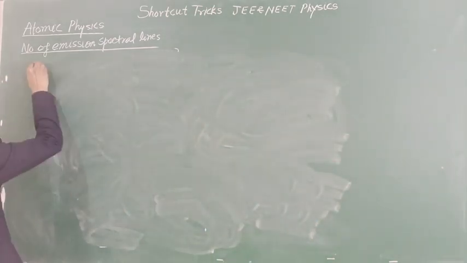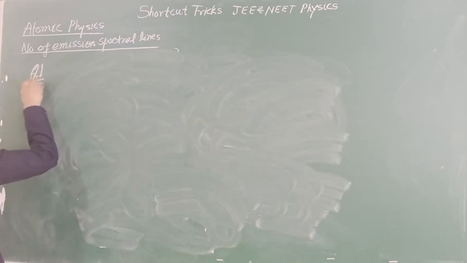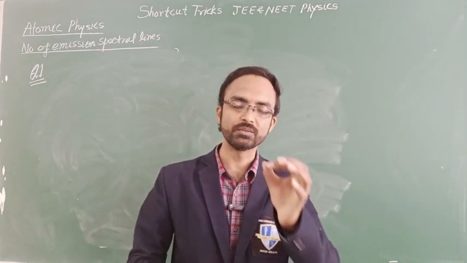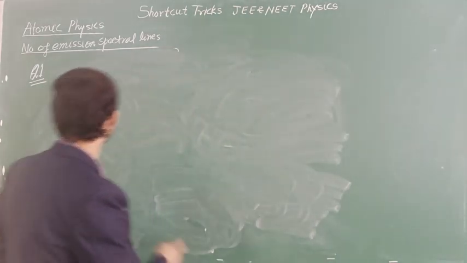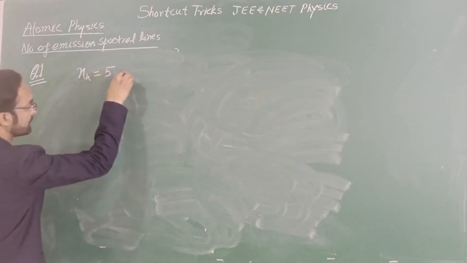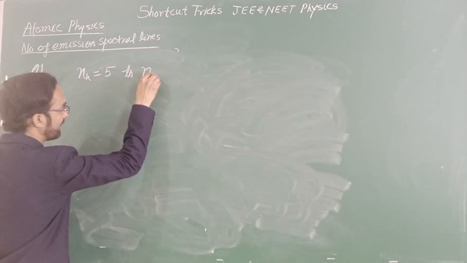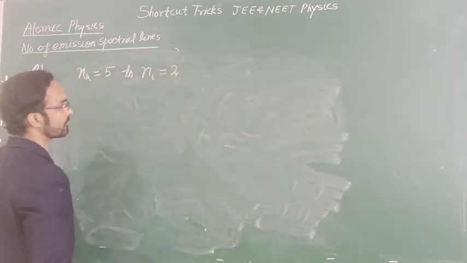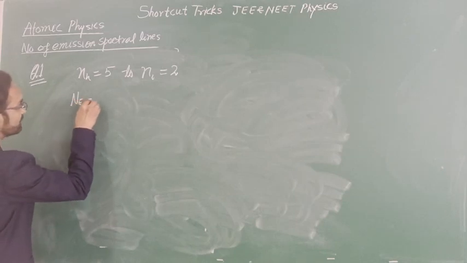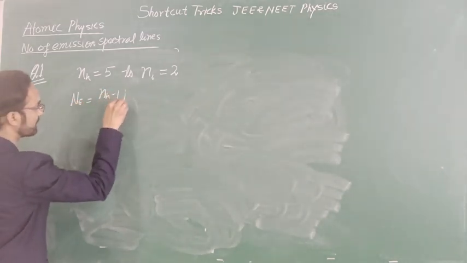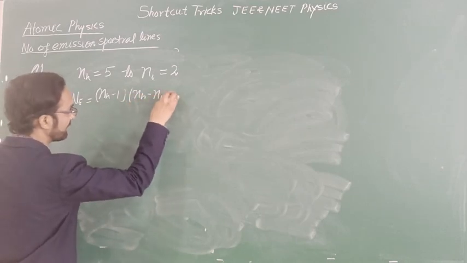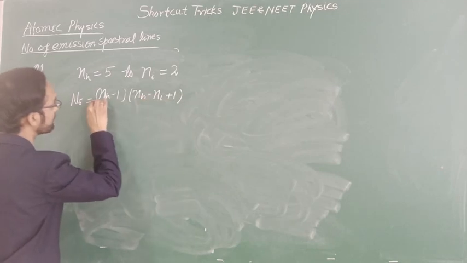Now the question is, suppose any electron falls from higher state n equals to 5 to n equals to 2, right? nH equals to 5 to ni equals to 2. Then the number of spectral lines will be, by the formula, (nH minus 1) into (nH minus ni plus 1) upon 2.